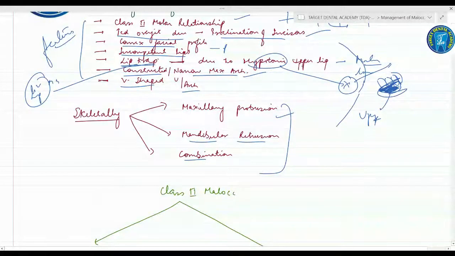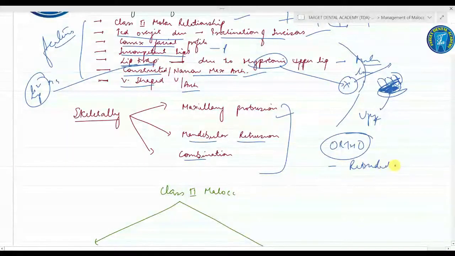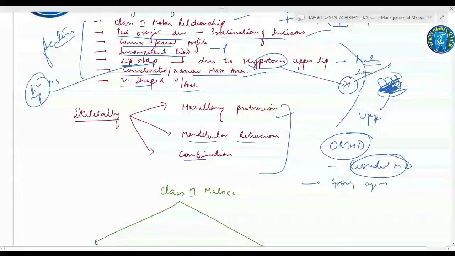Fine. See, if an ortho patient comes to you with a retruded mandible in his growing age, then you will correct the retrognathism of the mandible by giving myofunctional appliances.